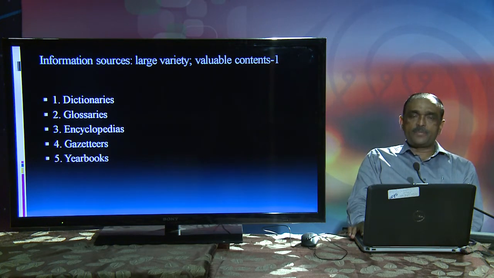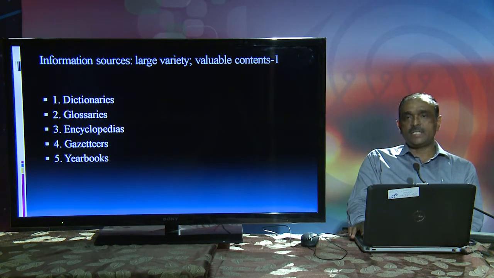Yearbooks are other information sources which you can use to find out latest information, that is the data about the various facets that has been covered till the recent time, that is the last year. For example, we have got a yearbook published by the Ministry of Information and Broadcasting, Government of India.